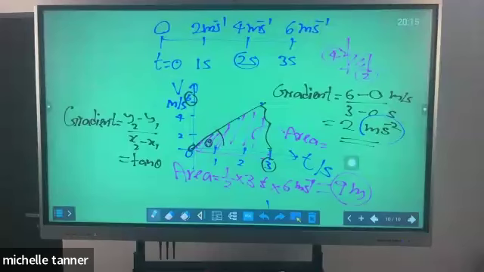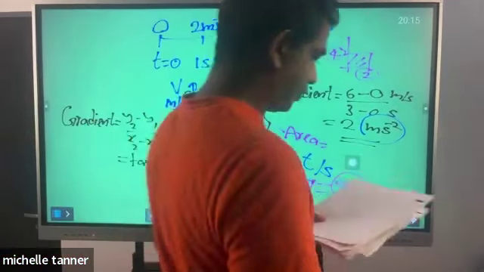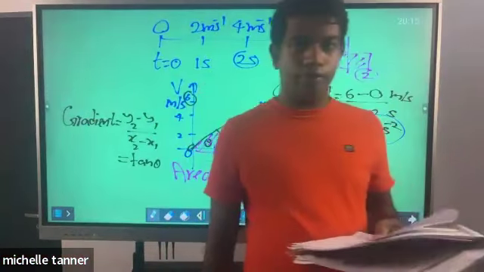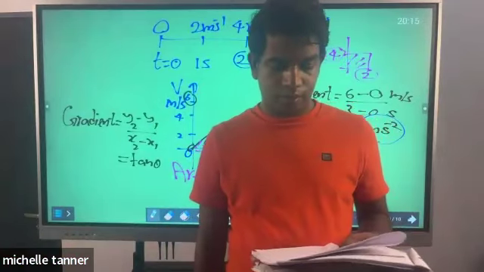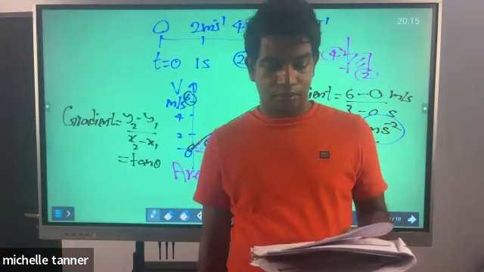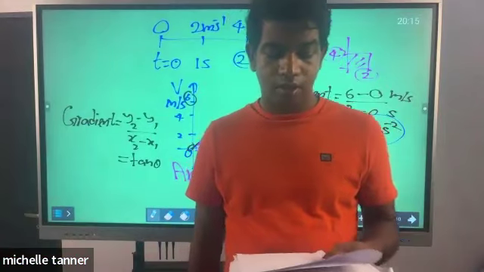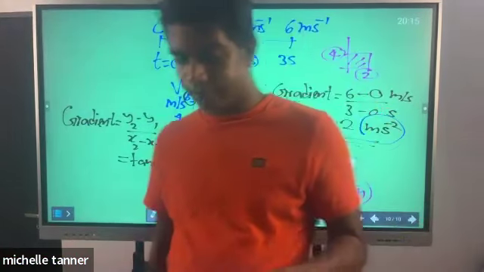I repeat again, the area covered by the graph in a velocity time graph represents the displacement of the object.